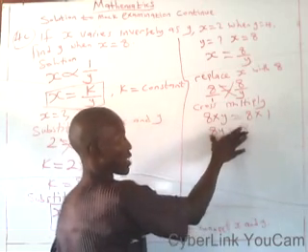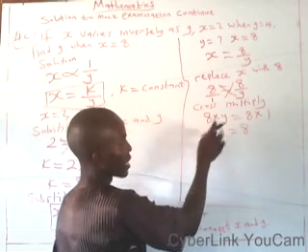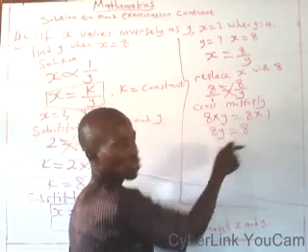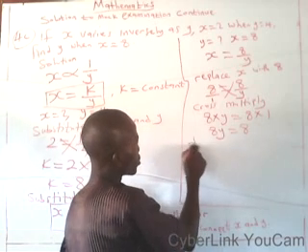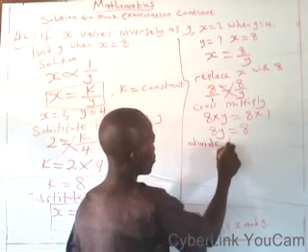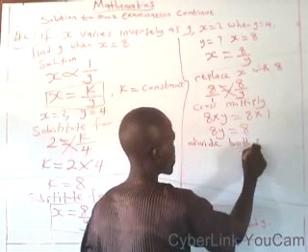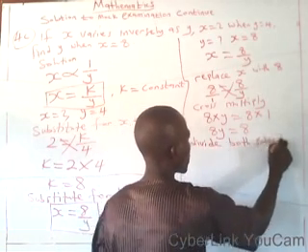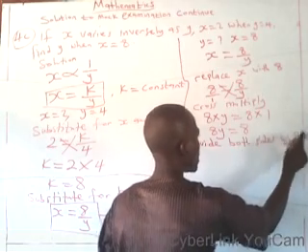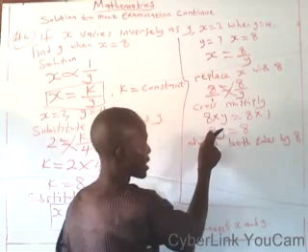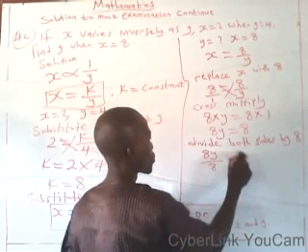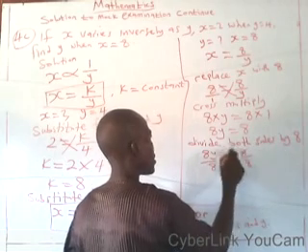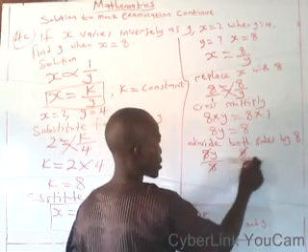Boys and girls, if you have this kind of expression, 8y is equals to 8, and you have to determine the value for y, what are we going to do? We are going to divide both sides by 8. 8y all over 8 is equals to 8 over 8. 8 will cancel 8. 8 will also cancel 8 here.